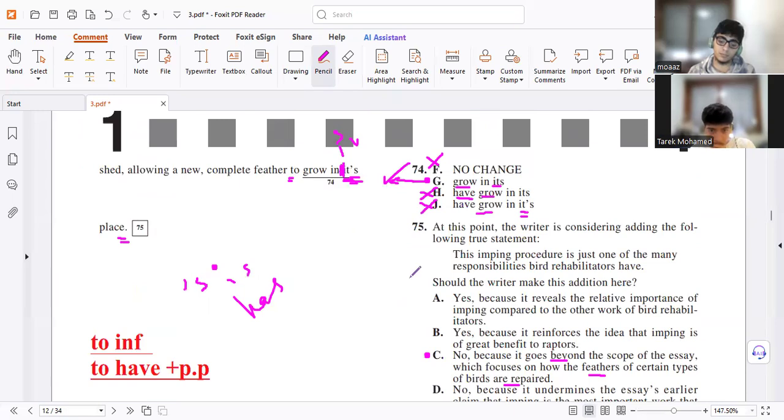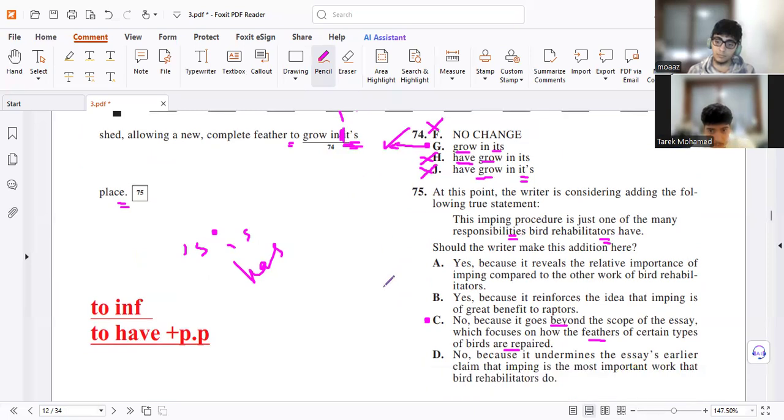Makes sense, because here you're talking about the responsibilities of bird rehabilitators. We are not talking about the job description of these people, but about the action that happened. What did the rehabilitator mean? That's why it's letter C. The trap must be here because it undermines. And what does undermines mean?